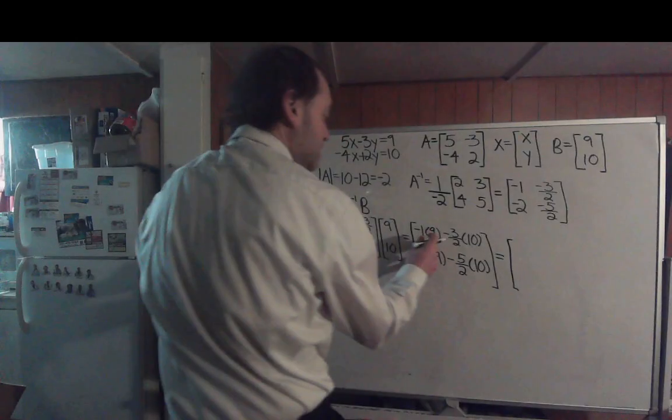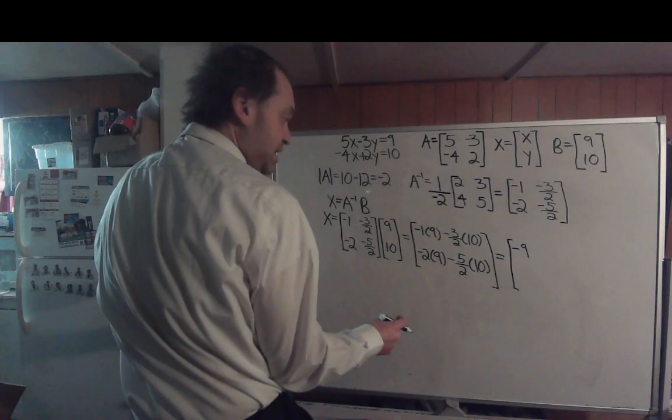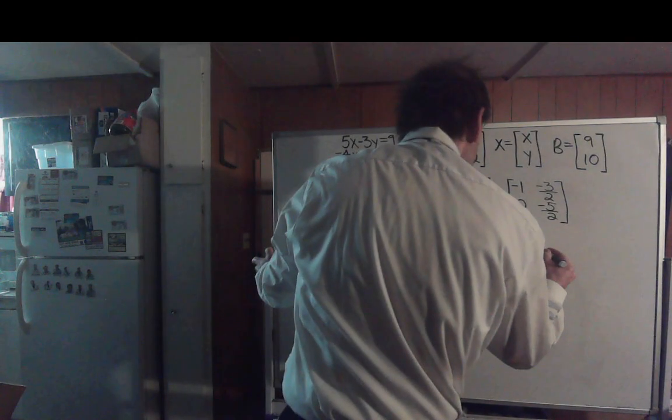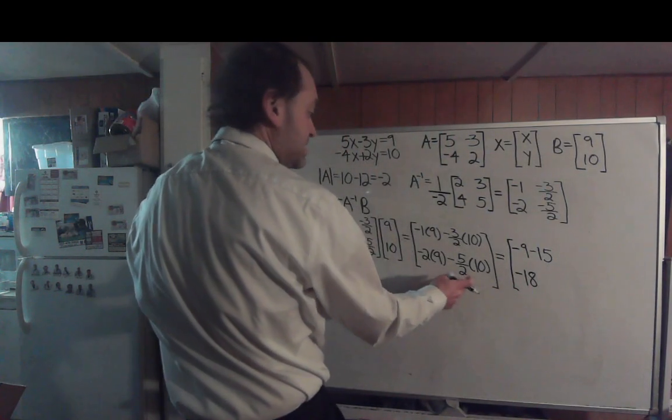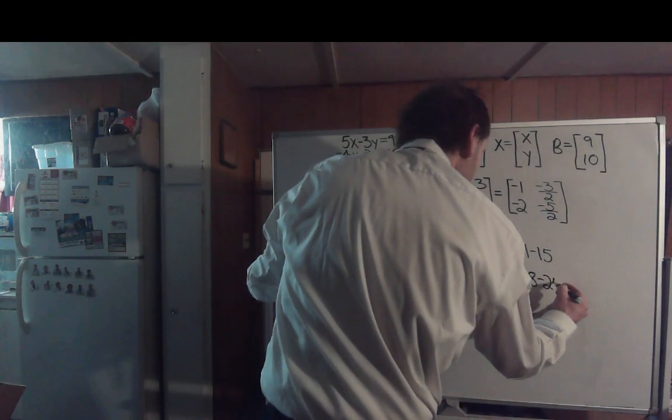So then let's simplify this a little more. Negative 1 times 9, that's just negative 9, minus 3/2 times 10, that would be minus 15. Then you have negative 2 times 9 is negative 18, minus 5/2 times 10, that's going to end up being minus 25.